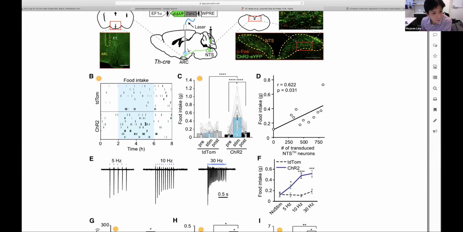But just from this, it doesn't seem very striking. Except if you compare the blue area versus the white, you see a tendency of the mice eating while there is blue. And that's what you see here.